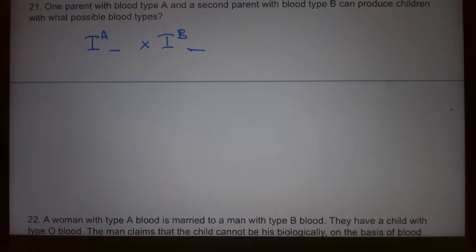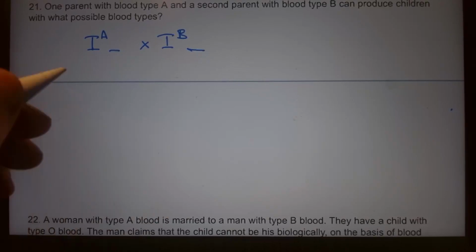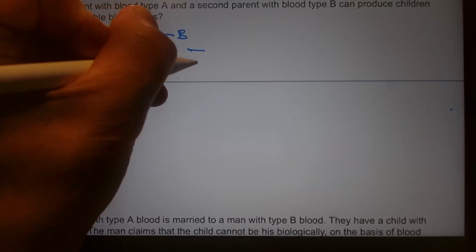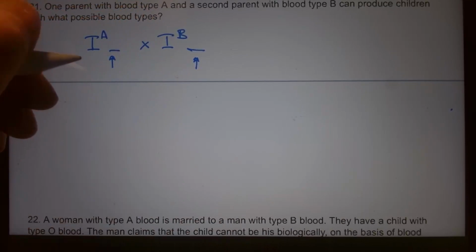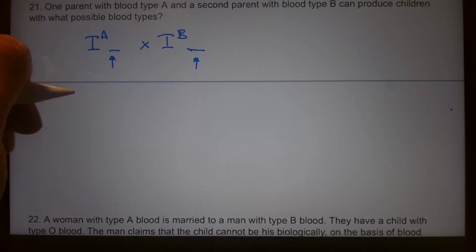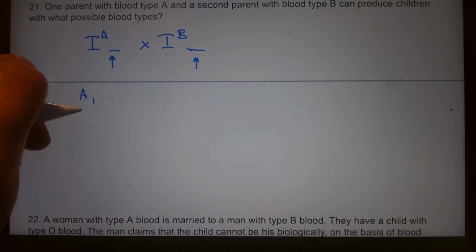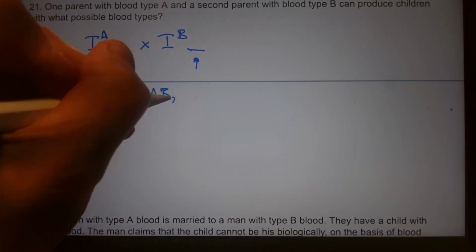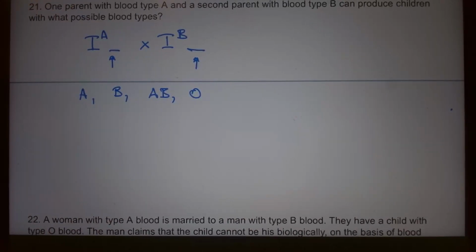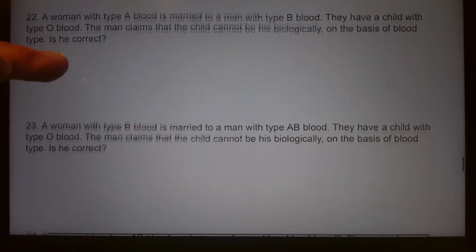We don't know at this time whether they are homozygous or heterozygous for that trait. Depending on which alleles, we fill it in here on the lines. For the second alleles of both parents, this cross could yield phenotypically A blood, B blood, AB, and O blood too. So all of the possibilities.